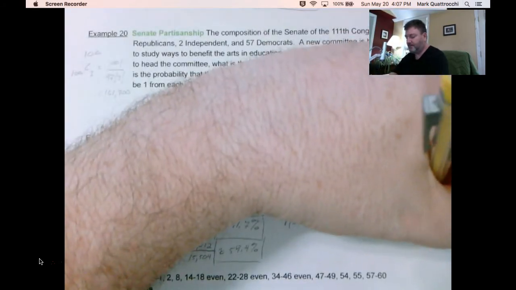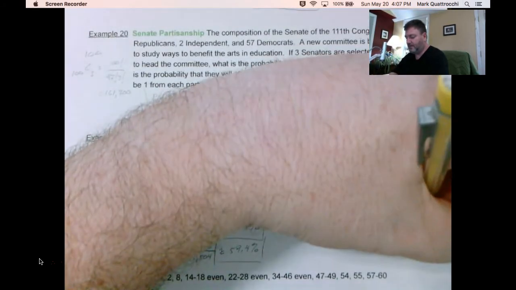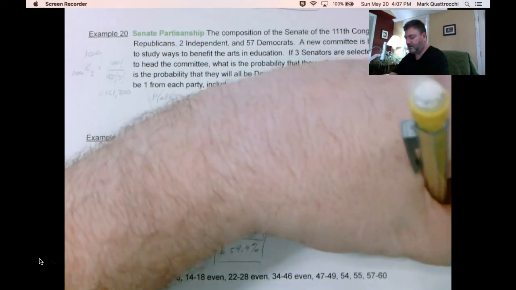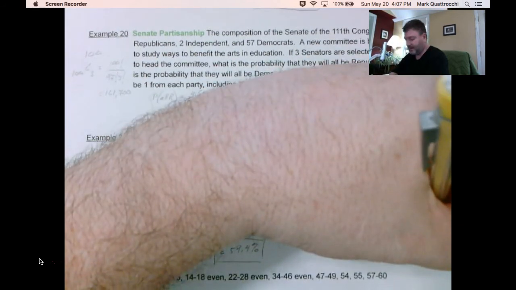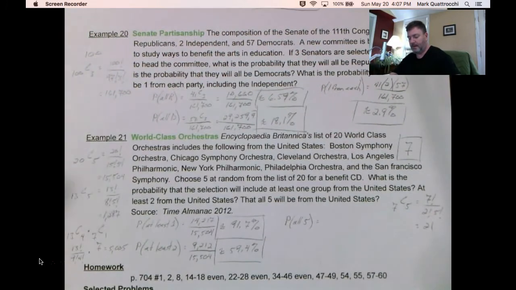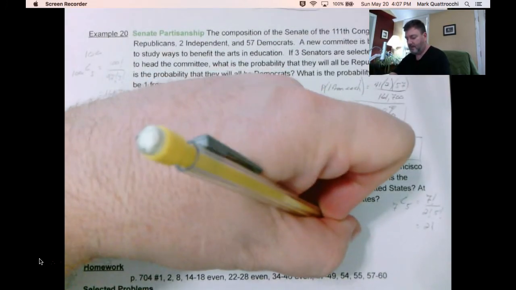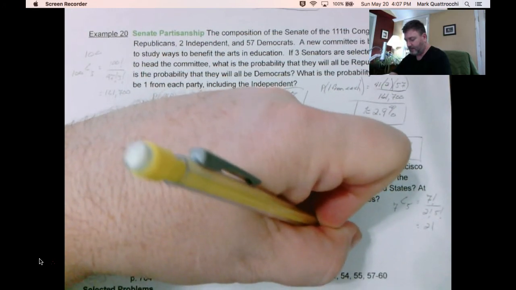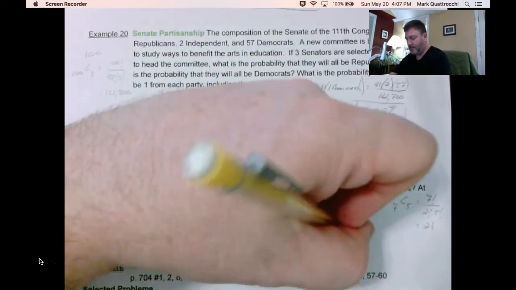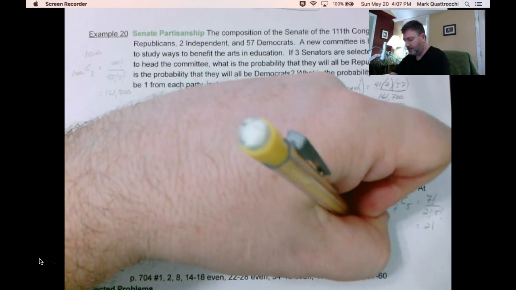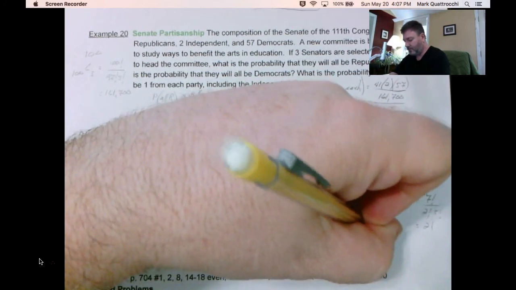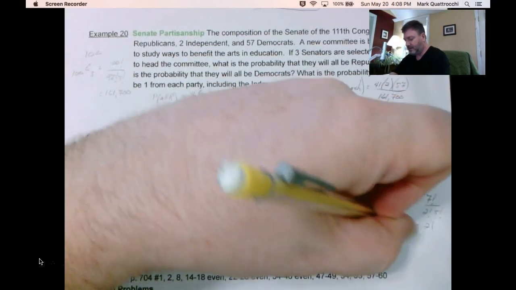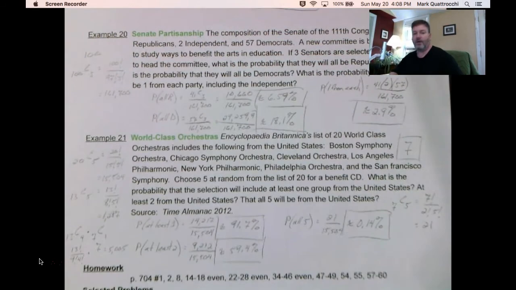So 7 factorial over 2 factorial, 5 factorial, which is exactly equal to 21. So we have 21 divided by 15,504, or approximately 0.14% chance that all 5 are from the United States.